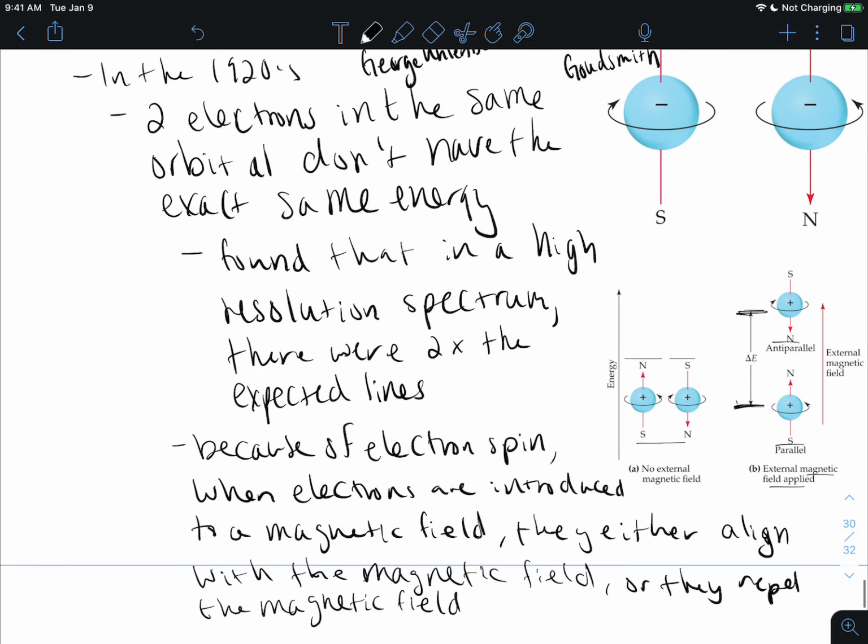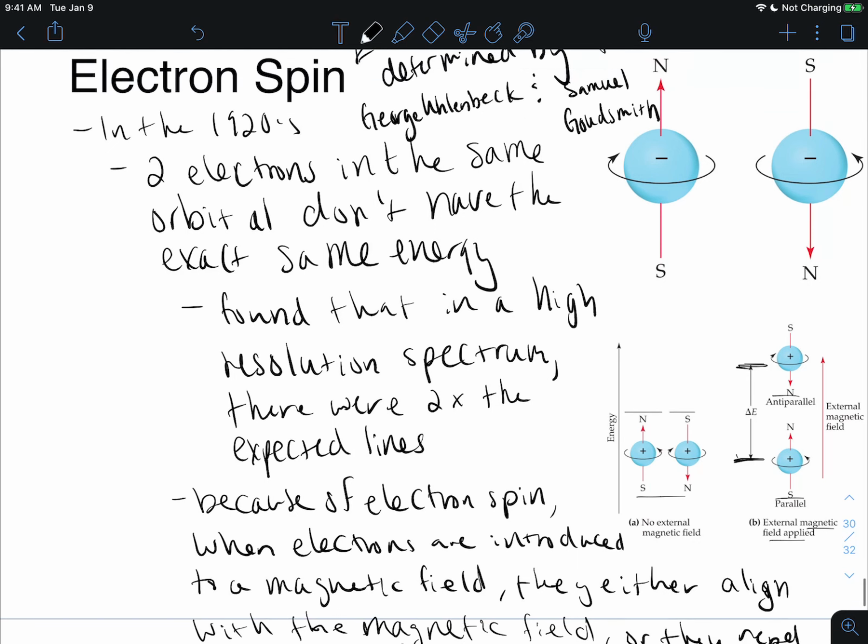Okay, so they're basically spinning. They're little tiny things with their own axes, as we can see here.